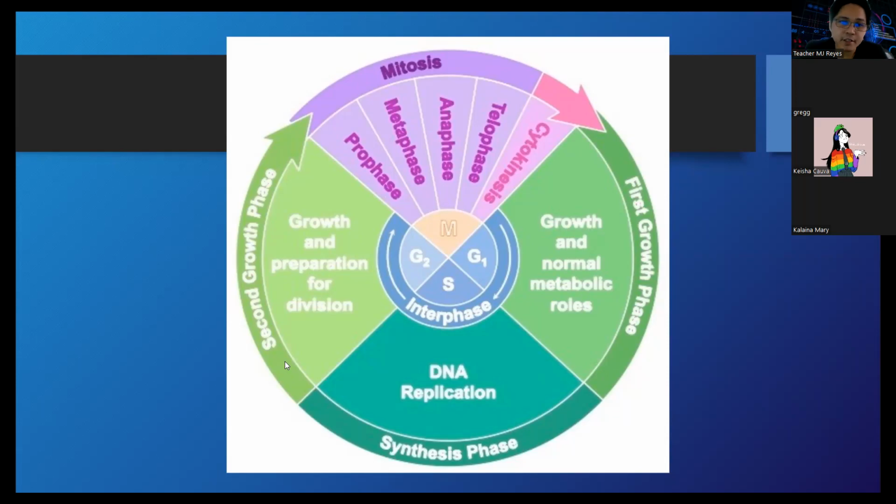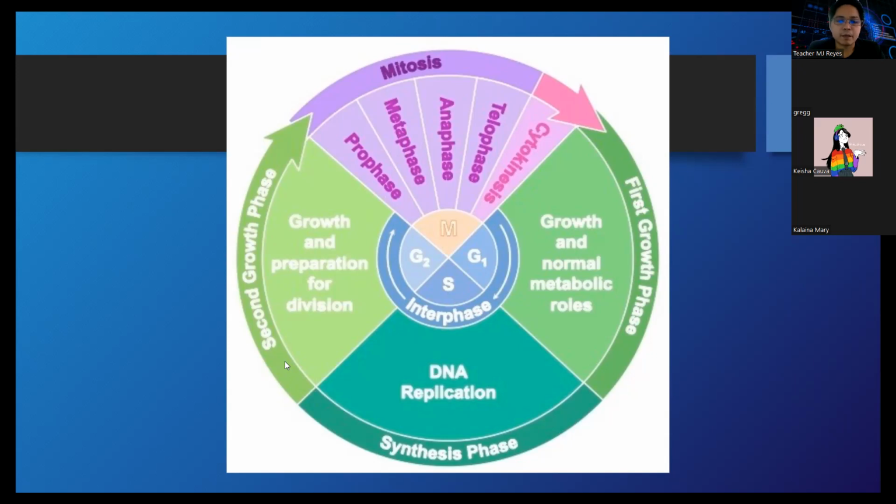The third phase is G2, the secondary growth phase. This is the growth and preparation for cell division. The cell needs to prepare itself for possible cell division, which is why after DNA replication, G2 prepares the cell. So what are the things G2 is doing for preparation?